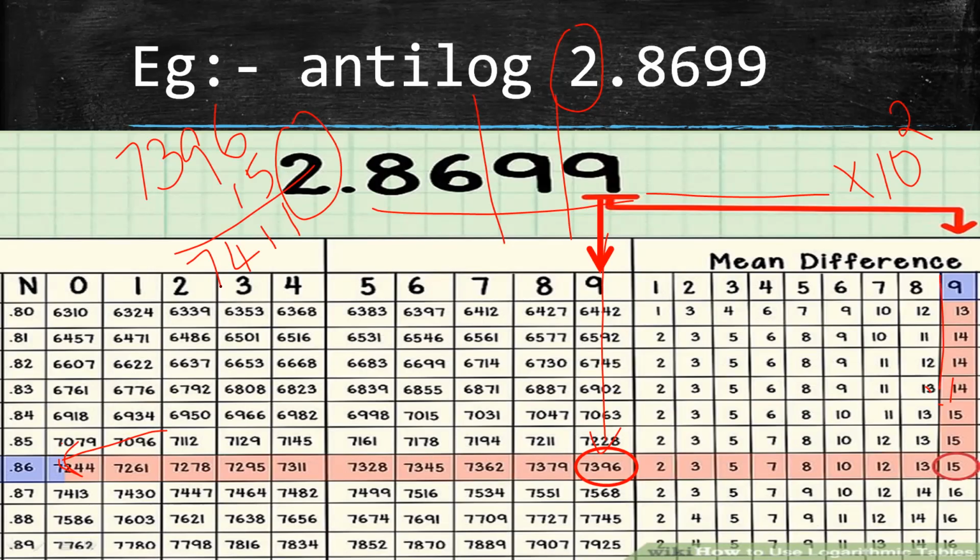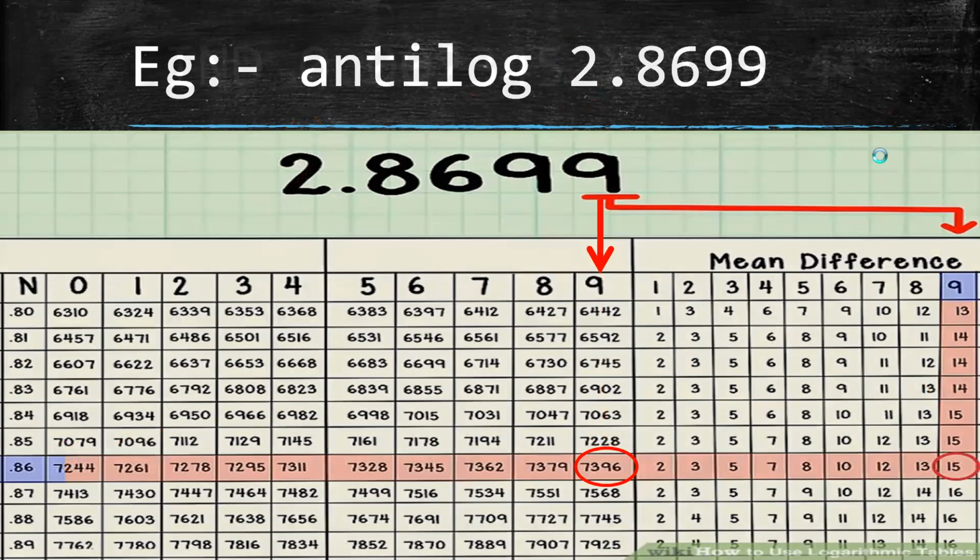And the answer of an antilog is always going to follow scientific representation, which means without thinking anything, you can place the decimal point after the first digit: 7.411 into 10 raised to 2. This 10's power we got from the characteristic of the antilog value. Hope this is also clear, how to read the antilog of a number from the antilog table.